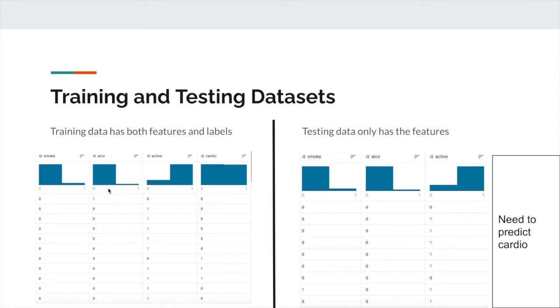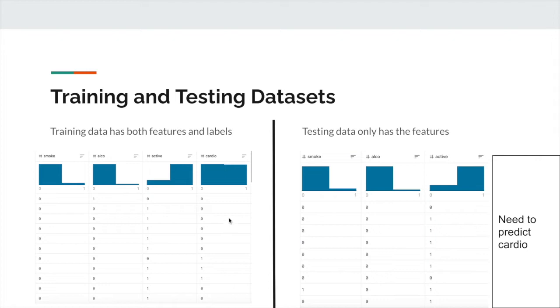The training data has both the features and the labels. We want to feed all this data into some machine learning model where these are the inputs and these are the outputs, and then teach the model the relationship between these x's, or inputs, and the y's, or outputs, right?